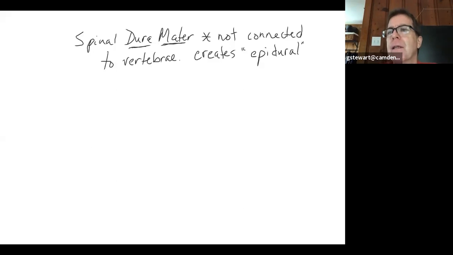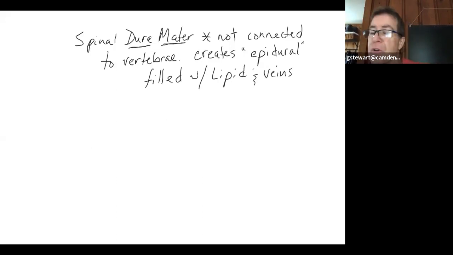The space in life is filled with lipid tissue. So there's fat tissue in there and mostly veins. And that's where you get anesthesia, should you have something like a pelvic block or something like that.